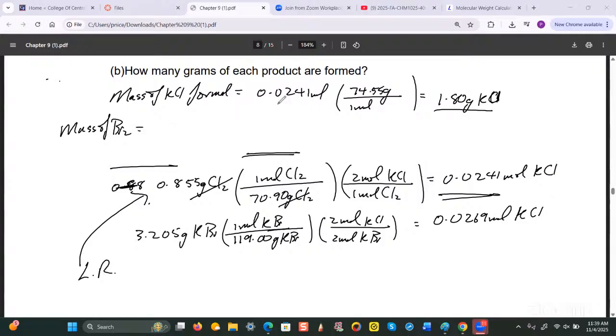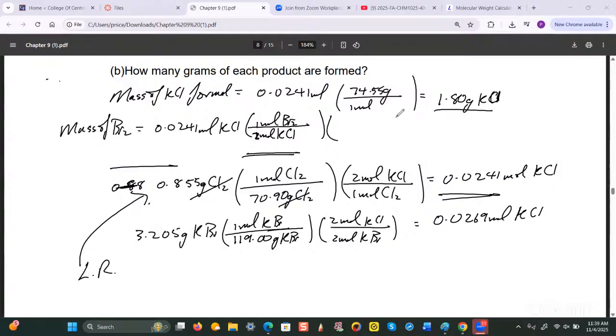So I'm going to start off with the same number here, 0.0241 moles of KCl. And the mole ratio between the KCl and the bromine is, I'm sorry, 2 moles of KCl down here and 1 mole of bromine above, right?